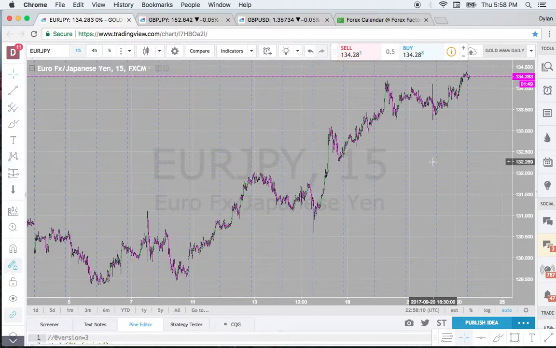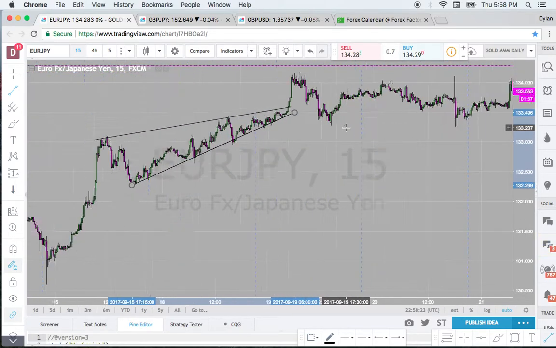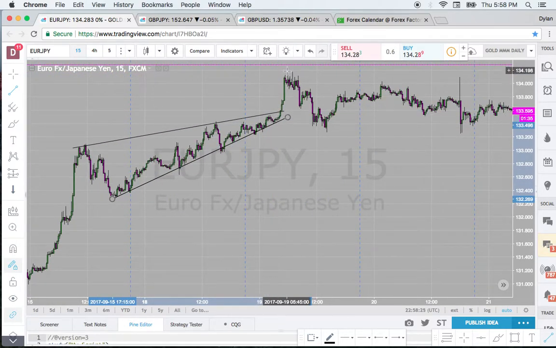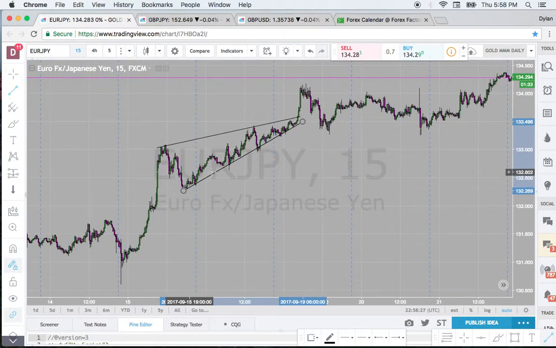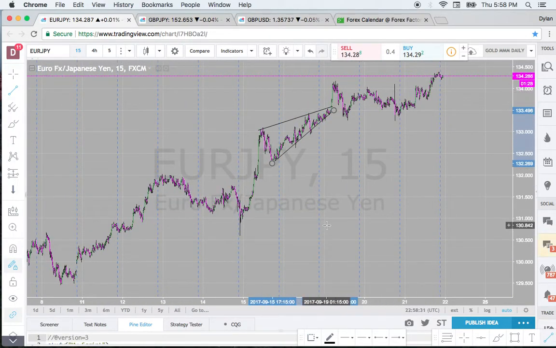Here's a somewhat alright example of the high being formed, and then the breakout of this wedge is a continuation of the uptrend.